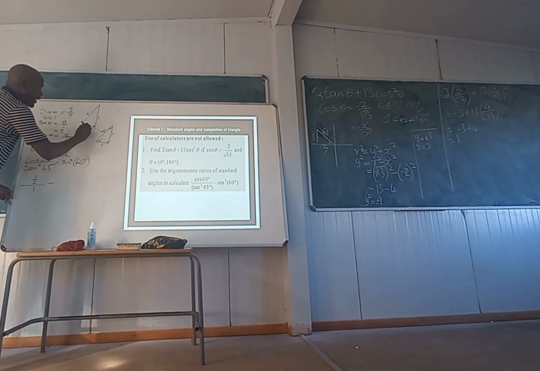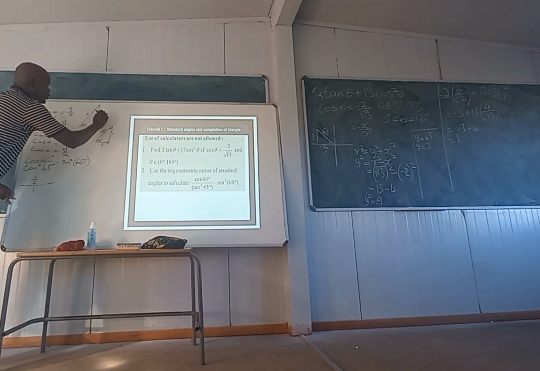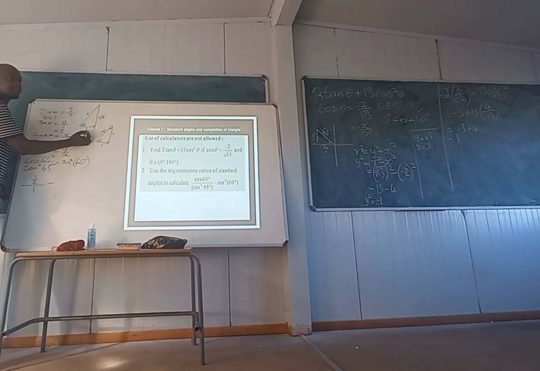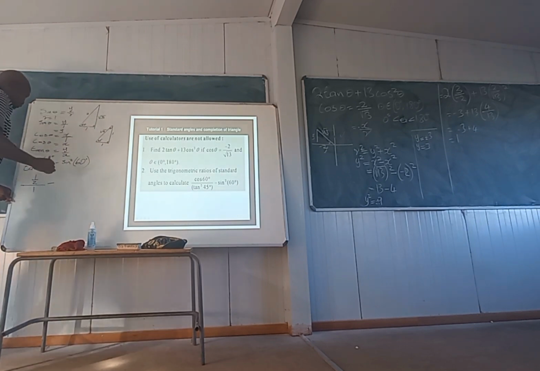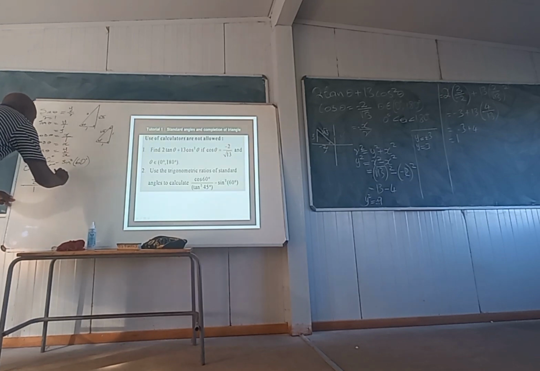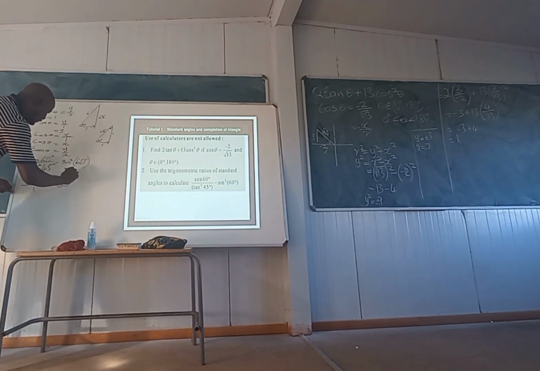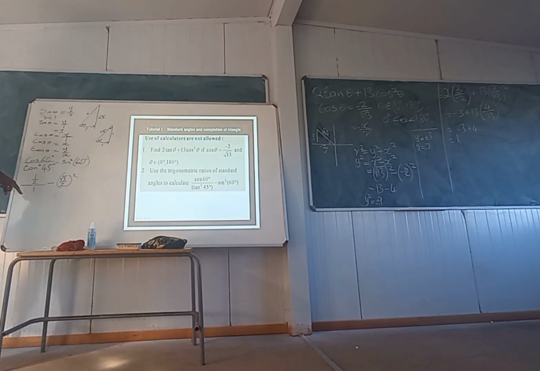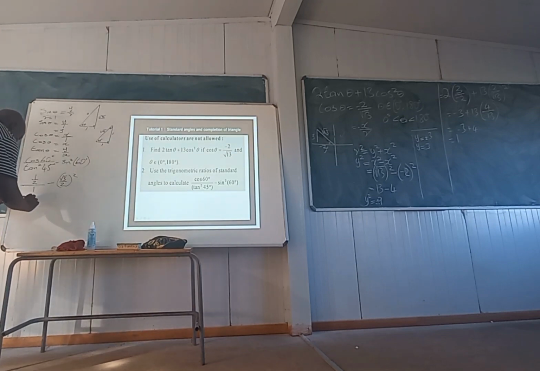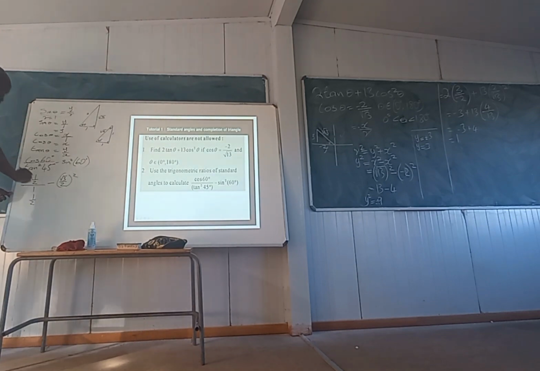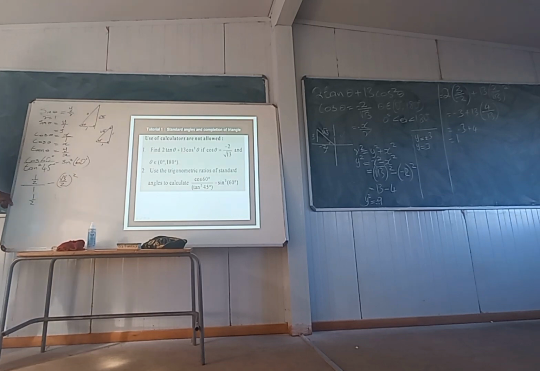So we have 1 over 2 over 1 squared, which is 1 over 2.